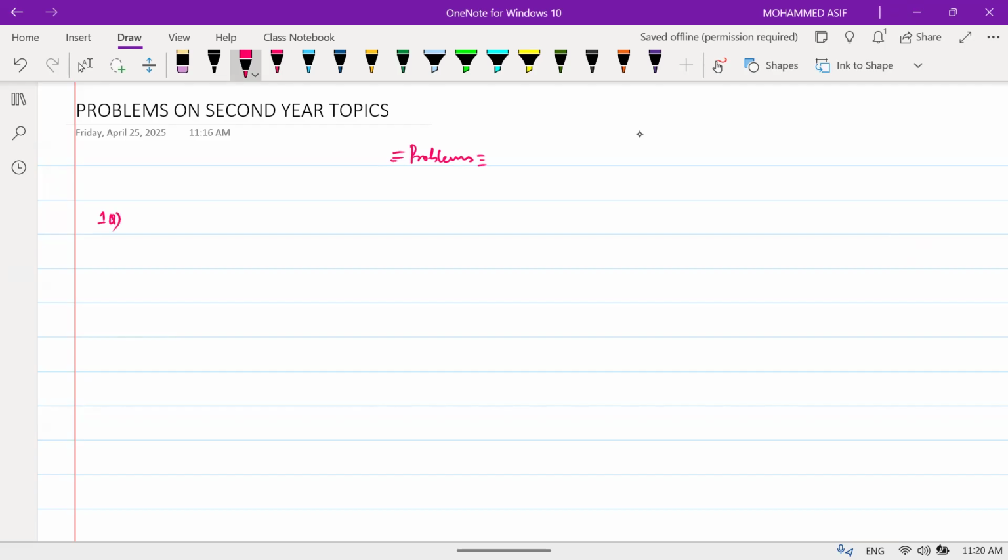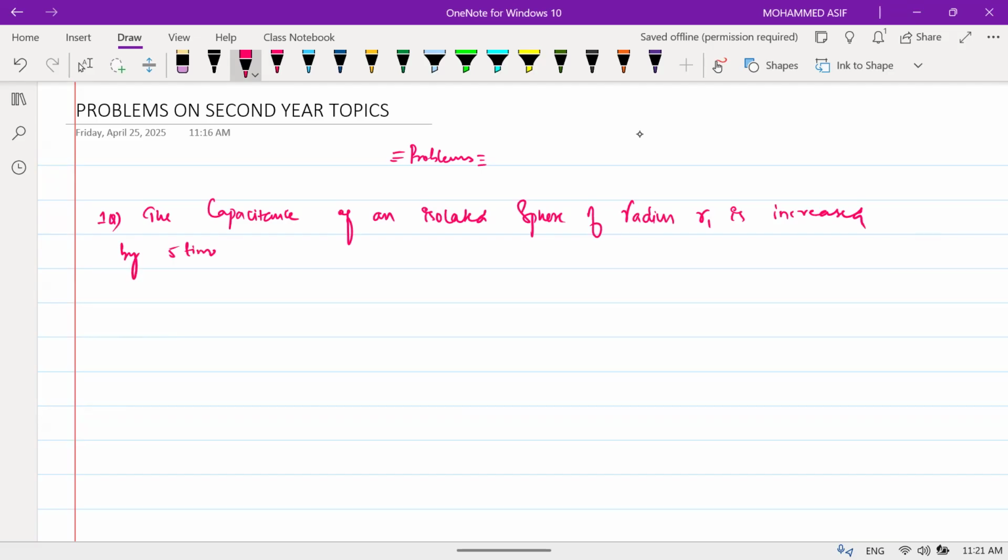So the first question, madam. The capacitance of an isolated sphere of radius R1 is increased by 5 times when it is enclosed by an earthed concentric sphere of radius R2.